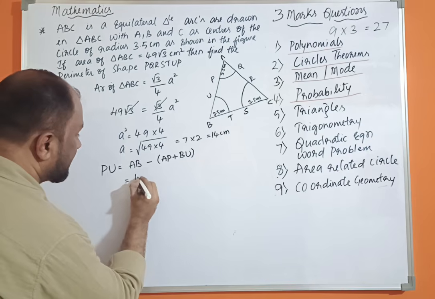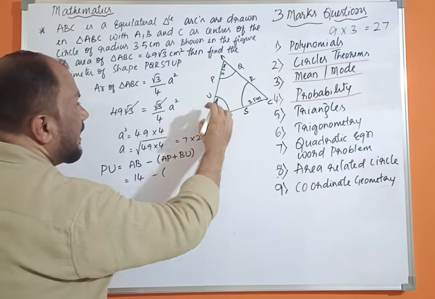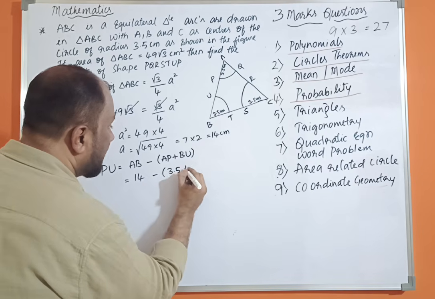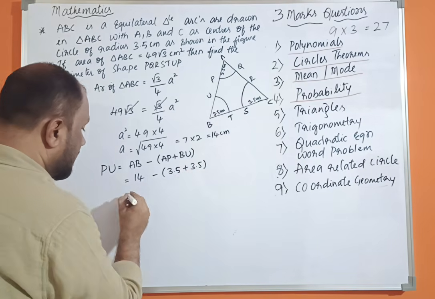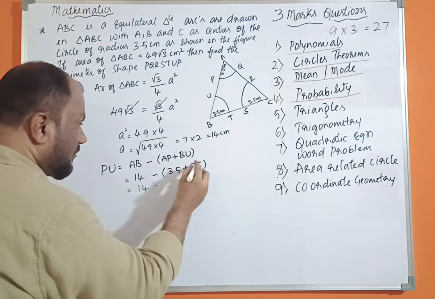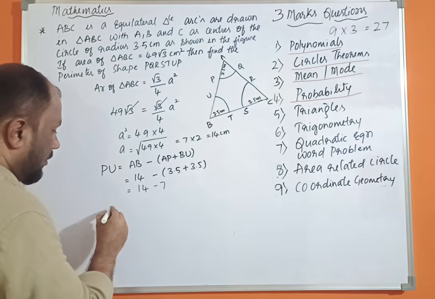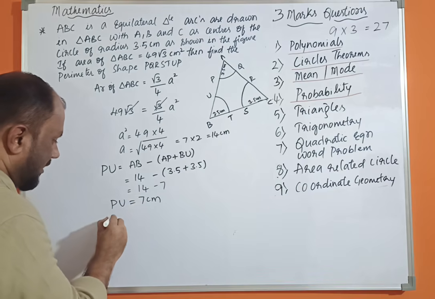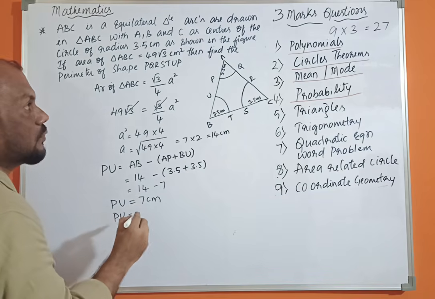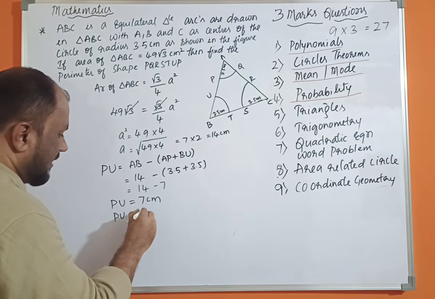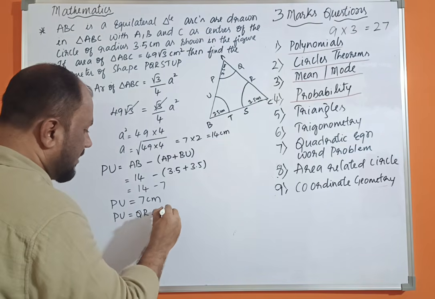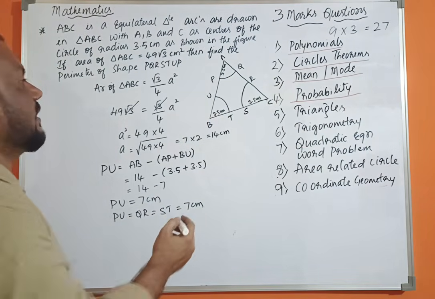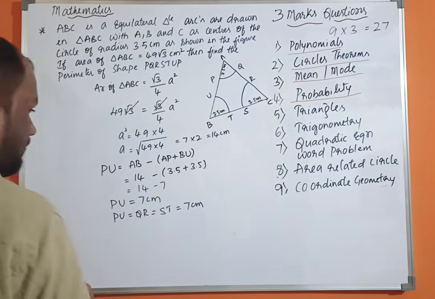We got just now 14 centimeter, minus 3.5 plus 3.5. 14 minus 3.5 plus 3.5 is 7. So PU is 7 centimeter. PU, QR and ST are each nothing but 7 centimeter.